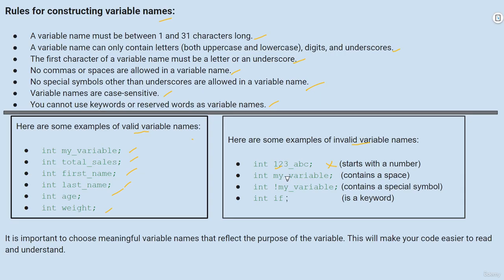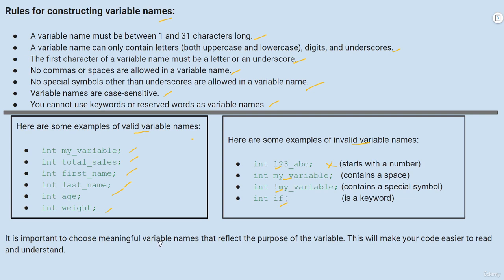Here it is int my variable with a space, as it contains a space, so it becomes invalid. Next is int !myvariable. It contains a special symbol, so this is not a valid one. This is int if, and if is a keyword, so this is also not a valid variable name.